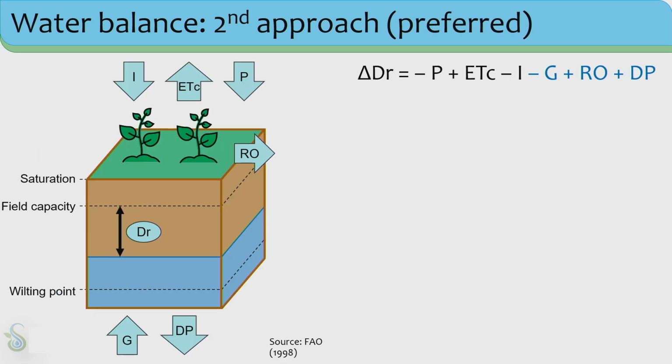In our analysis, we prefer an approach that, rather than dealing with absolute soil moisture values as part of the water balance, deals with soil moisture depletion. This is done for two reasons. One, it's very difficult to model soil moisture conditions above field capacity.